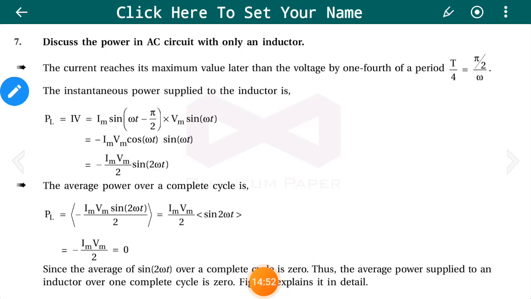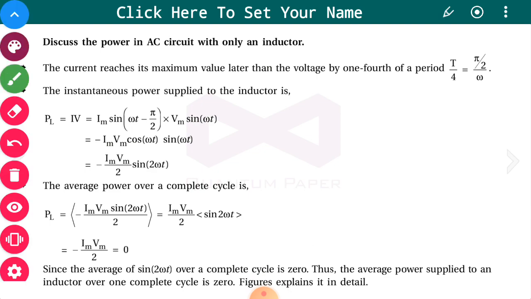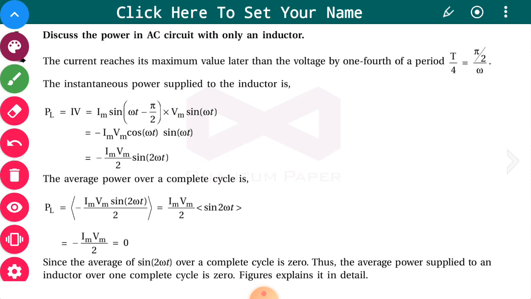Now we talk about the power in this circuit that is containing an inductor. As you know, power is equal to I into V, and I is Im sin (omega t minus pi by 2), and V is Vm sin omega t.